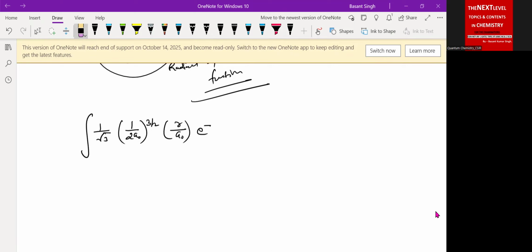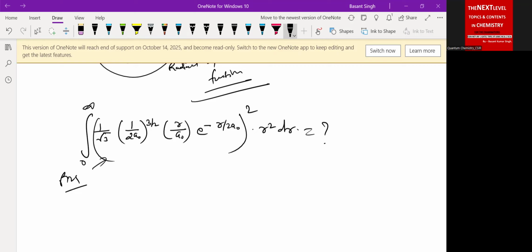This is your function R21. So I have to square this, and another term is r square dr, from 0 to infinity. What is the value?